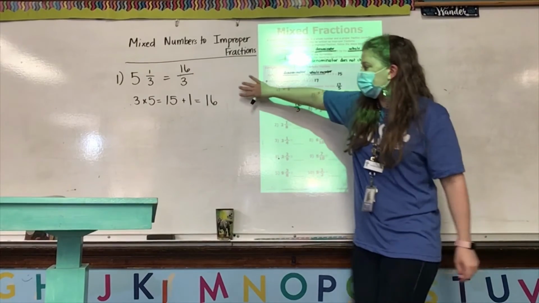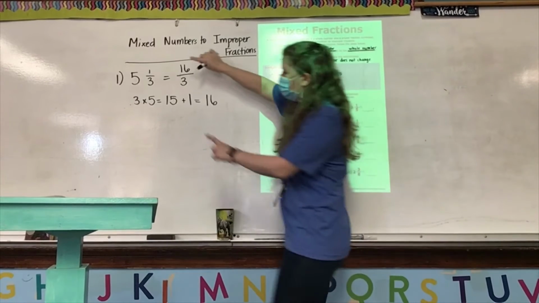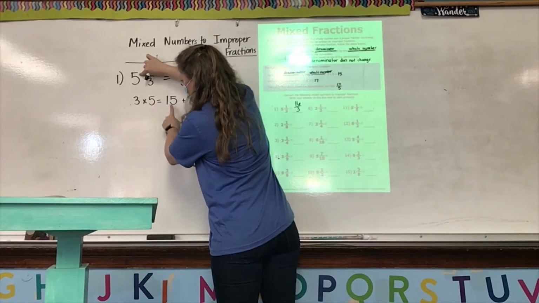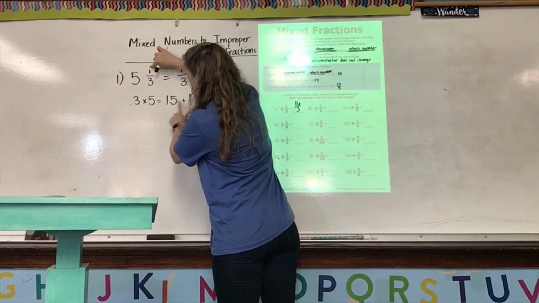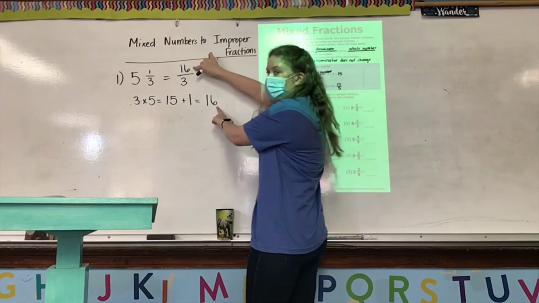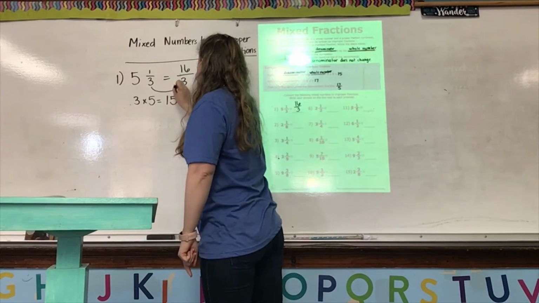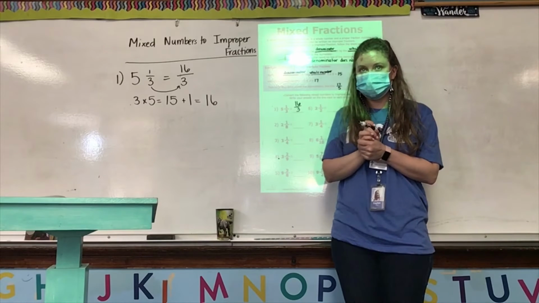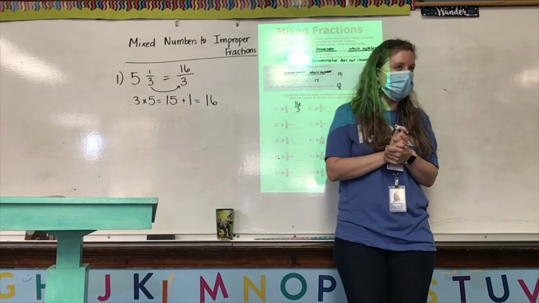Do you see how I set it up? Denominator times whole number, answer, plus numerator equals new numerator, denominator stays the same. You see how I showed that work? Is there a whole lot to showing that work?